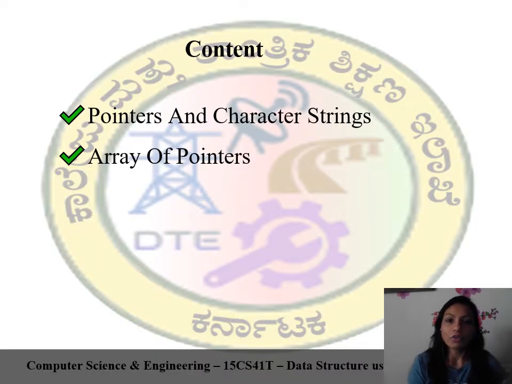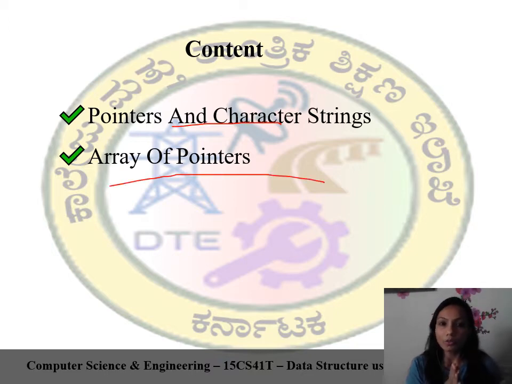The content of this PPT is pointers and character strings, and also we'll study what is array of pointers. Pointers: a pointer is a derived variable which holds the address of another variable.